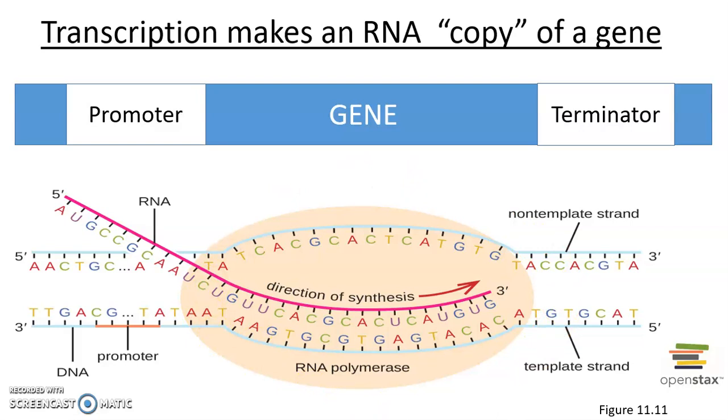The RNA polymerase will unzip the DNA molecule, and then you go into your elongation phase, where the RNA bases that are complementary to our DNA start lining up on the DNA. Again, you're going to form hydrogen bonds between those complementary bases.